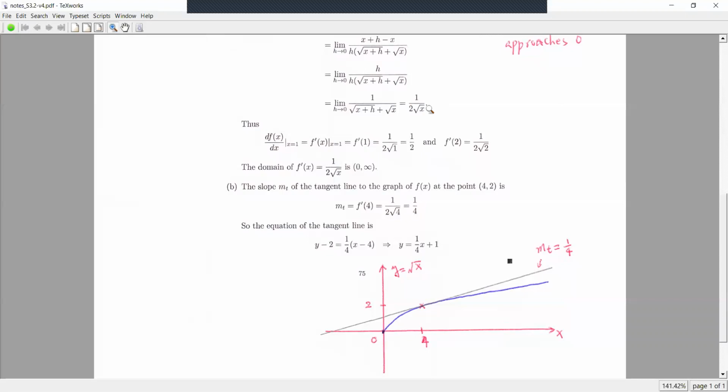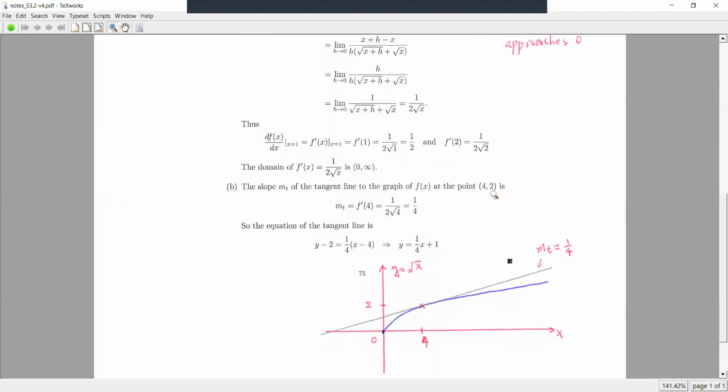This is the derivative of the function at x. So at point 4, plug in 4 in x, then we get the derivative at 4 is this number. This number is 1/4.